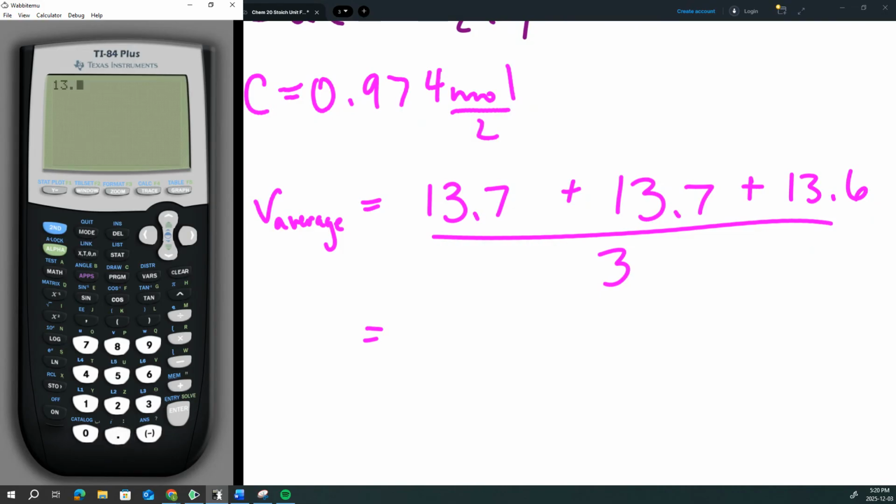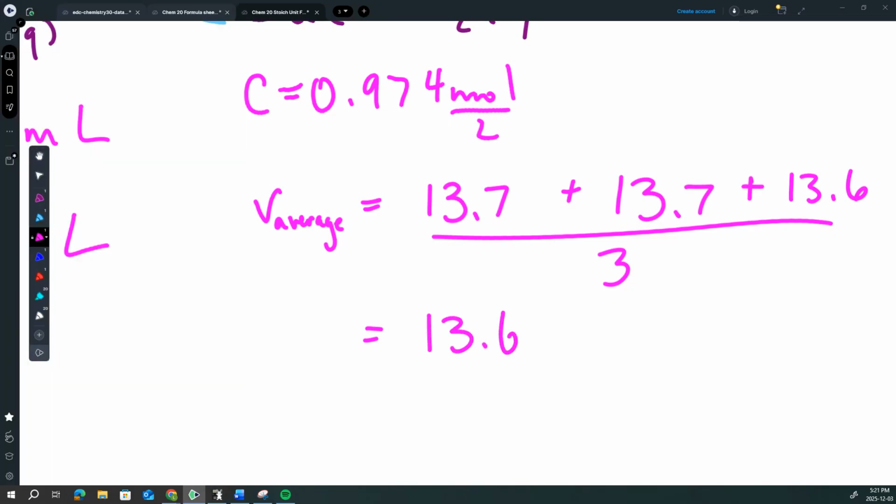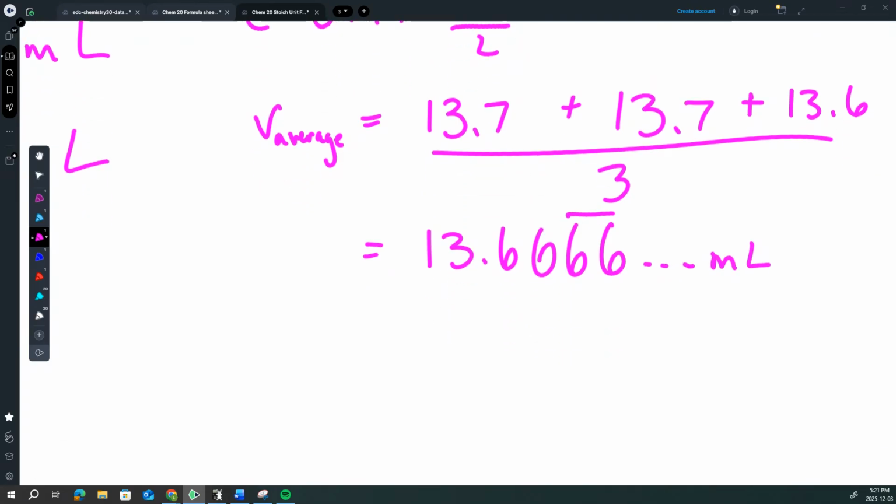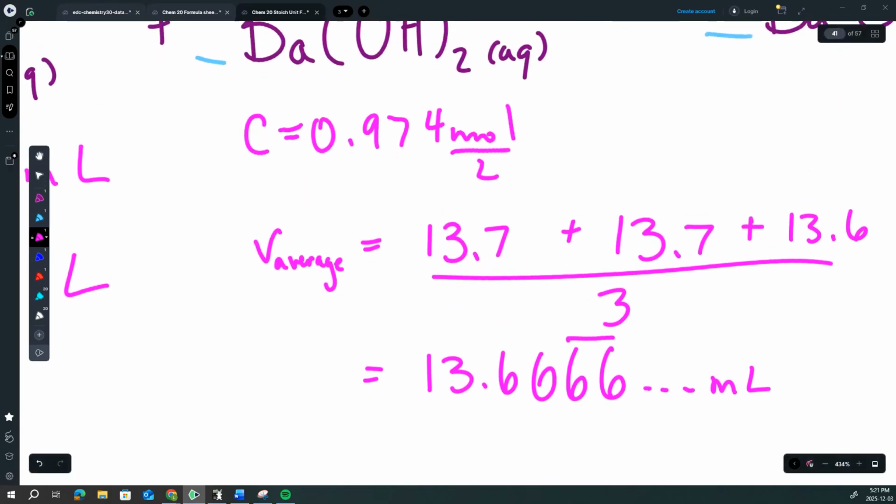Enter, divided by 3. It's going to be 13.6 repeating. So I'm just going to do 4 digits after the decimal. I'm going to write a line over top that just means the 6s keep on going on forever. And that's milliliters.